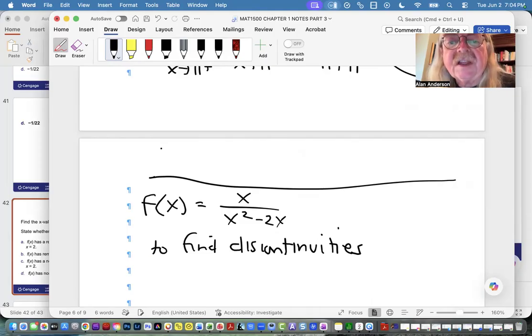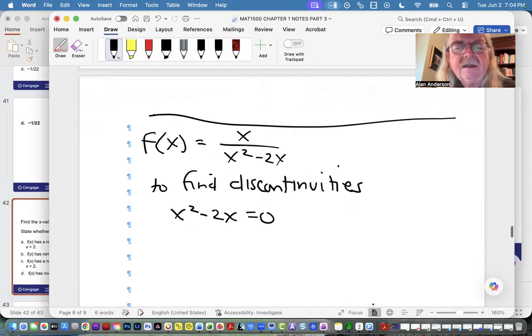So what we're going to do is set the denominator equal to zero.